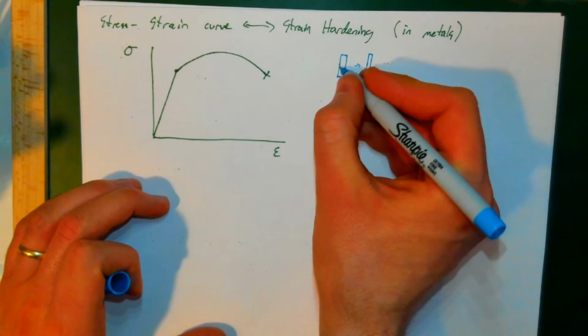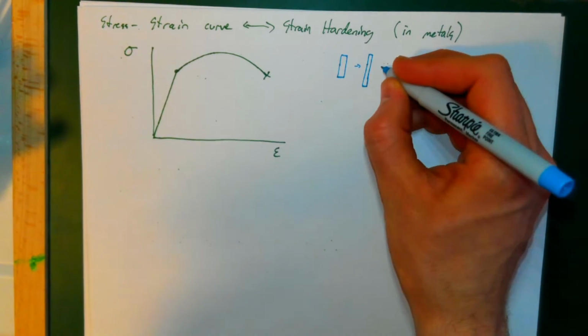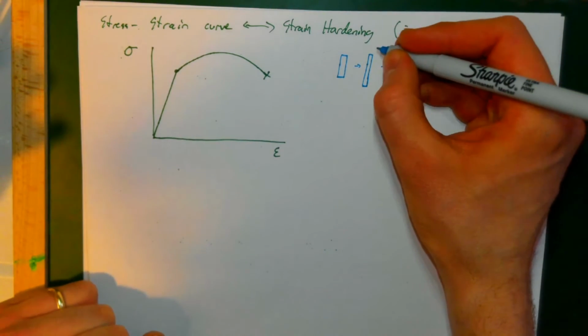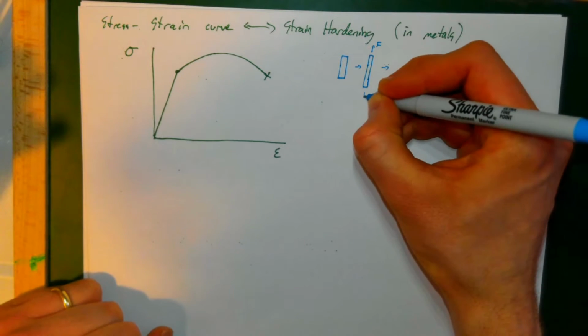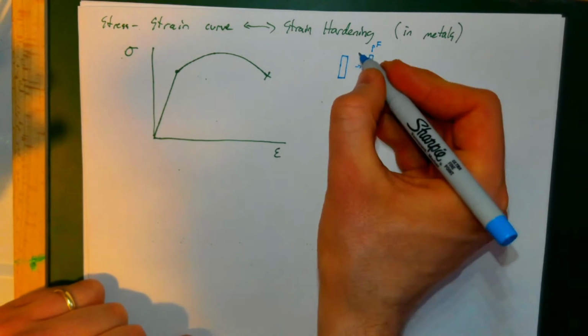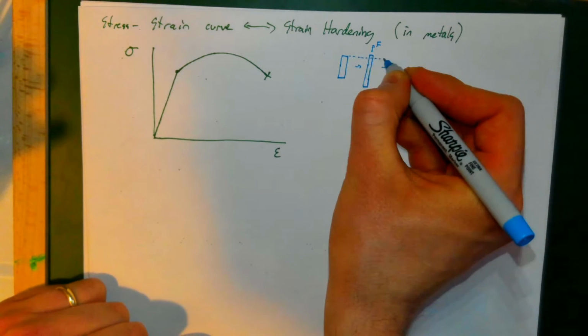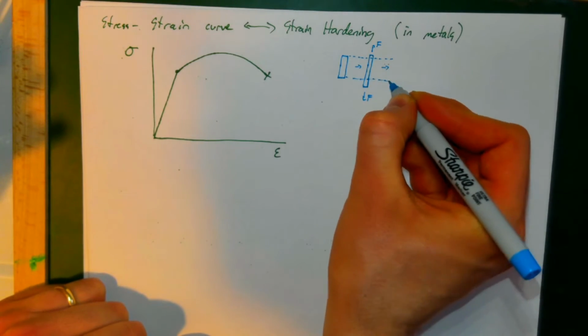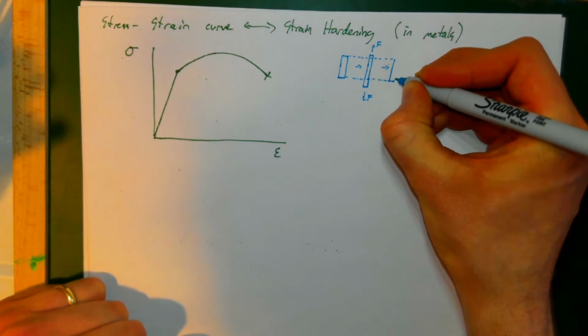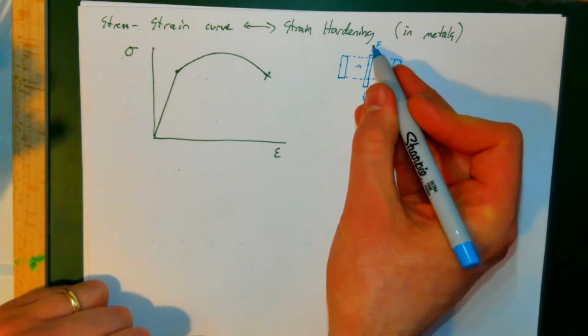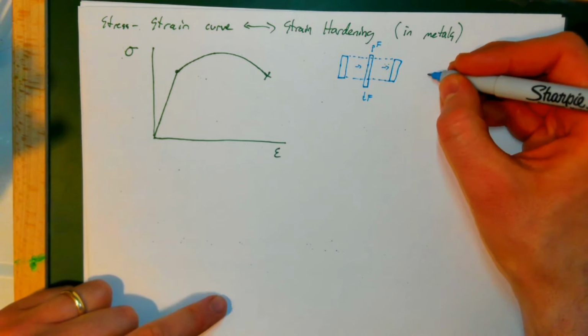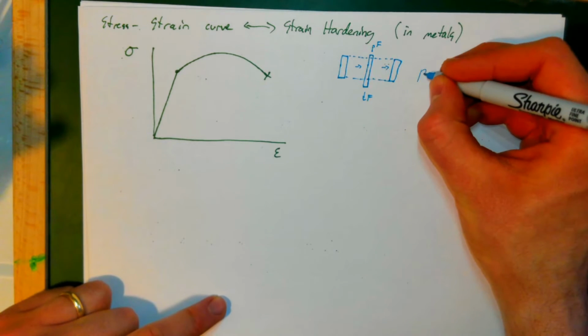I'm kind of exaggerating this right here. And then I let go. So I'm applying my forces, and then I let go. It can return to its original state as long as this force wasn't too big. And basically, when this occurs, we call it purely elastic.